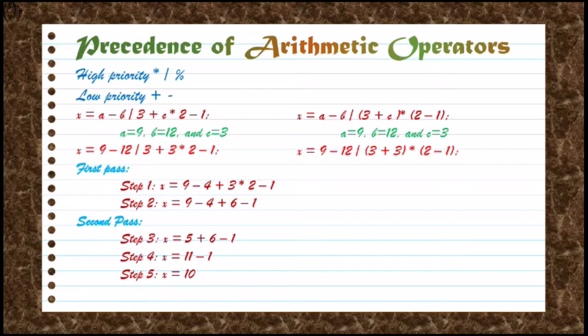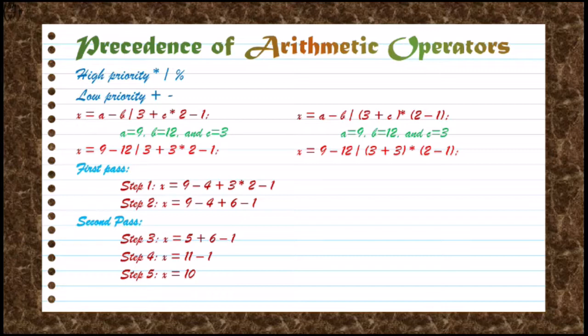The equation becomes x equal to 9 minus 12 divided by, in bracket, 3 plus 3, close the bracket, then into, again in bracket, 2 minus 1.